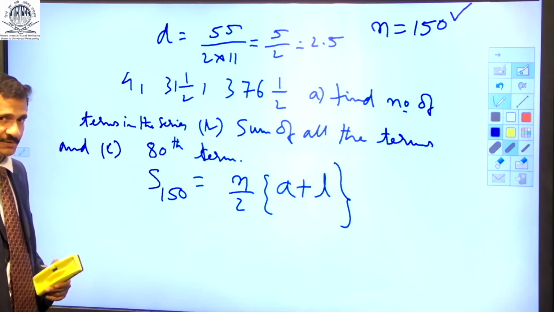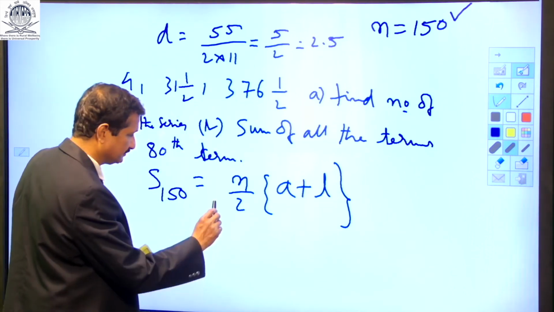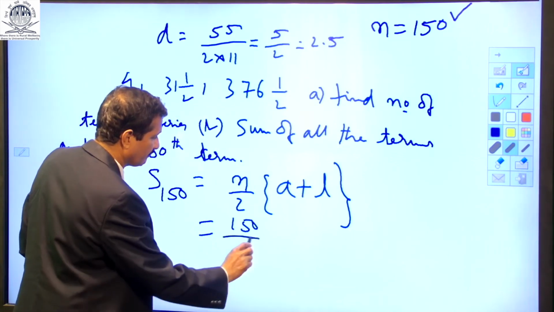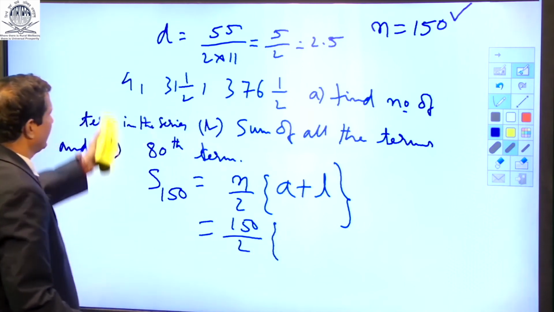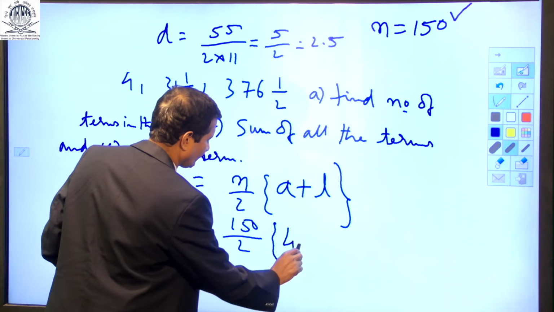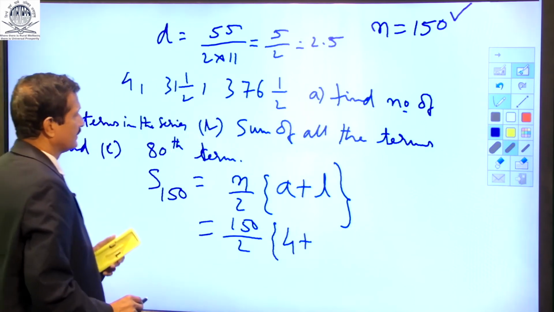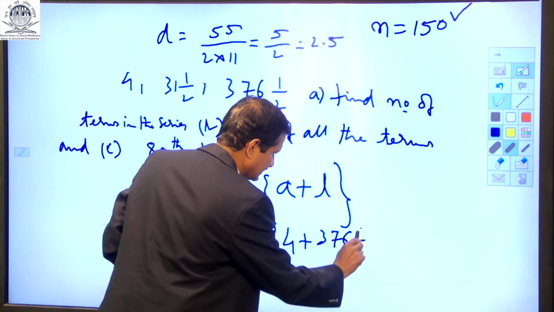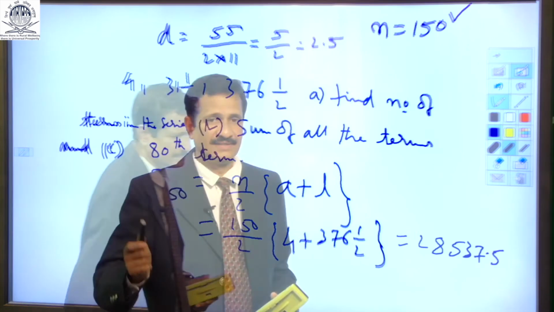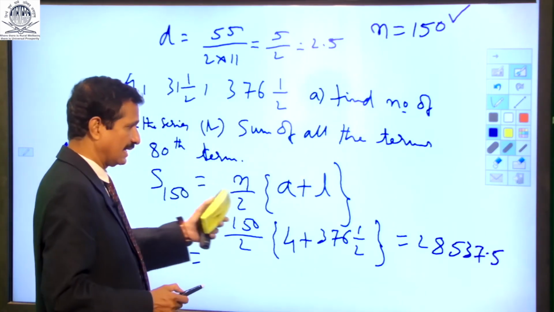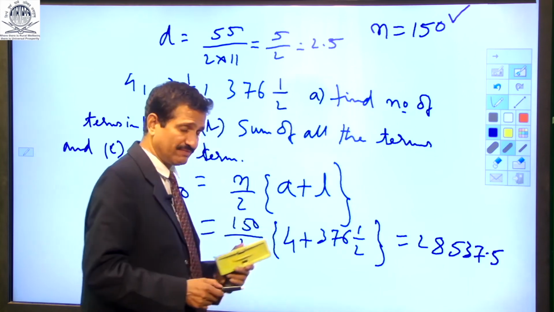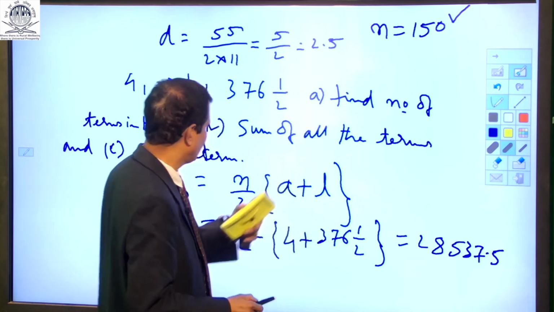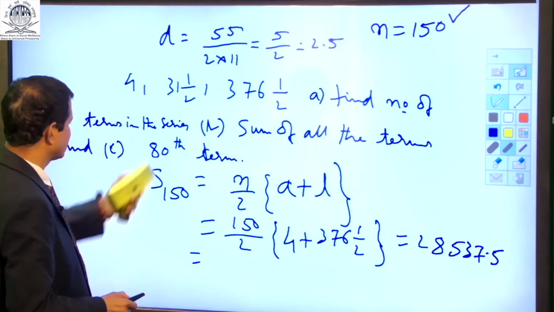We have discussed this in the module 2. So now here n is already found, which is 150 by 2 and A is 4 plus L, the last term is 376 and half. Now on calculation you will find that the sum to 150 terms is 28,537.5. So that gives you the answer to the second one.